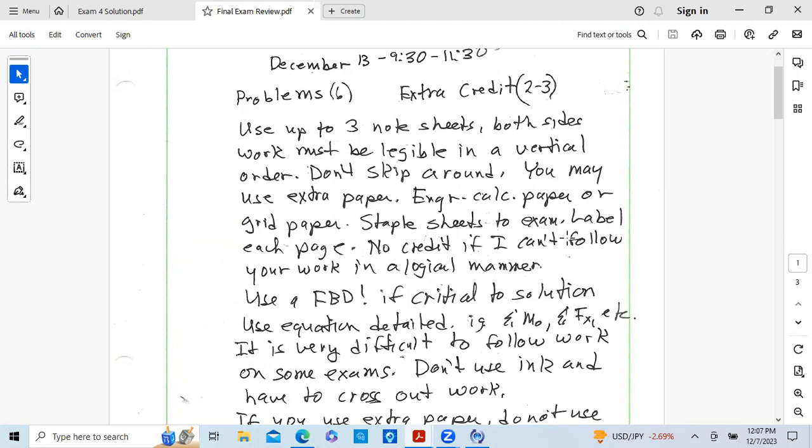And each page that you use, make sure it's clear what problem you're working on and where your answer is. Highlight your answer. Block it in, use a colored pen, whatever, but make sure it's real clear what your answer is.